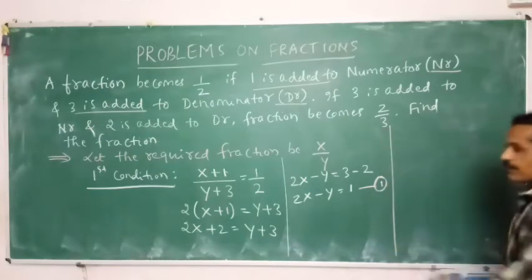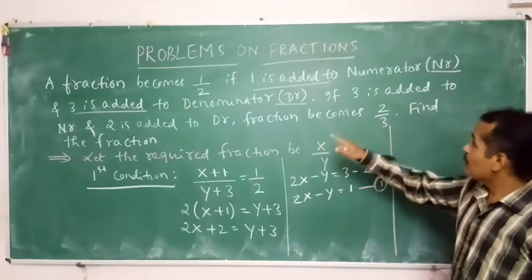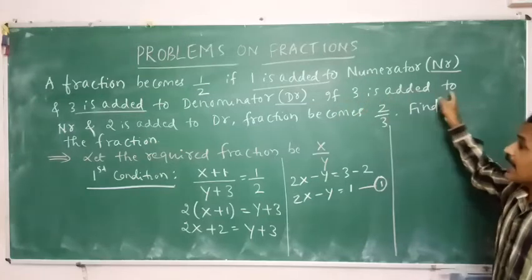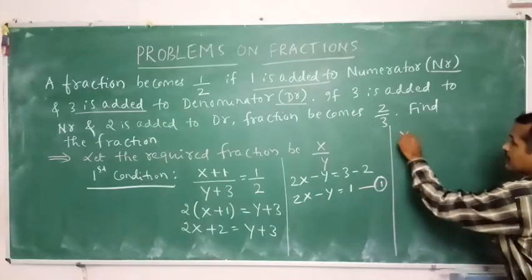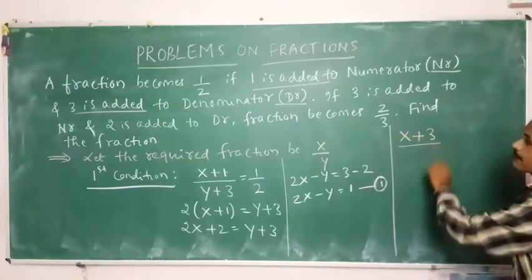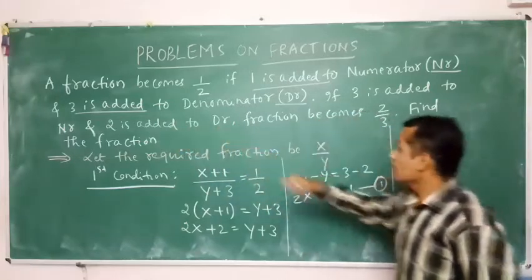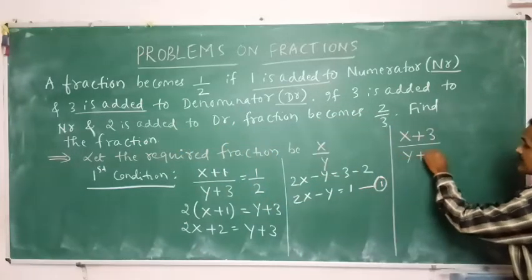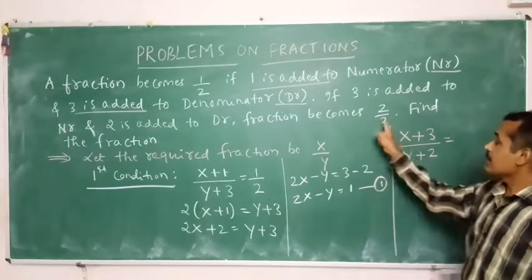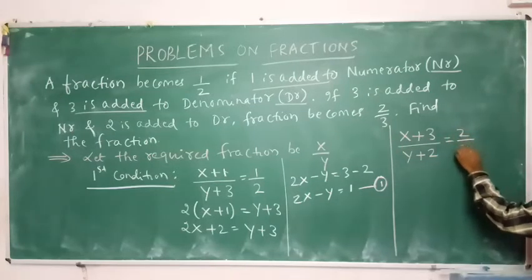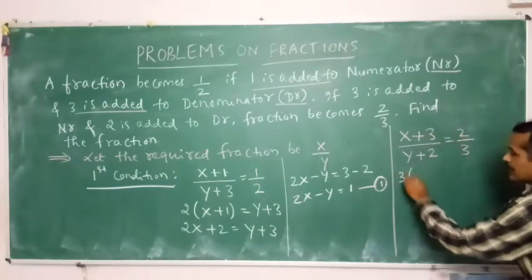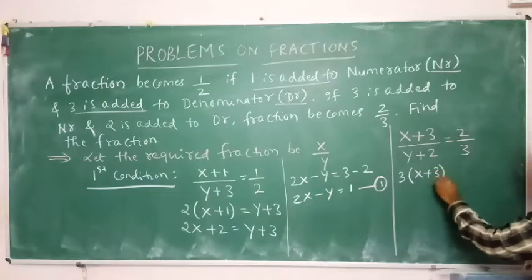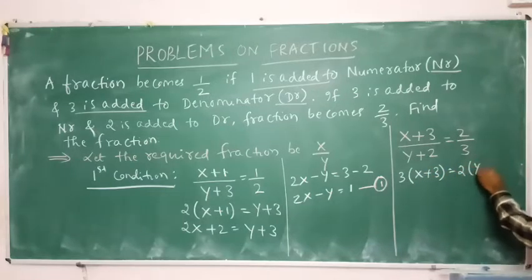Now, let me go for the second condition. If 3 is added to NR and 2 is added to DR, the fraction becomes 2 by 3. Cross multiply: 3 into x plus 3 is equal to 2 into y plus 2.